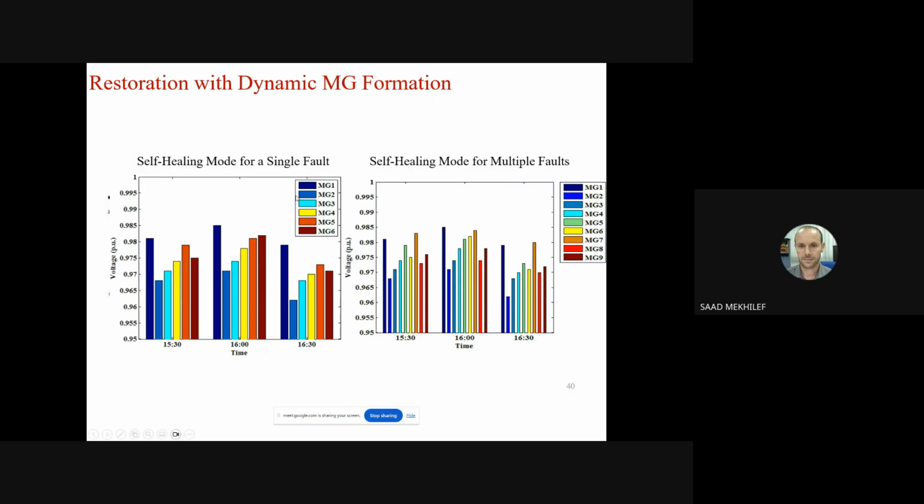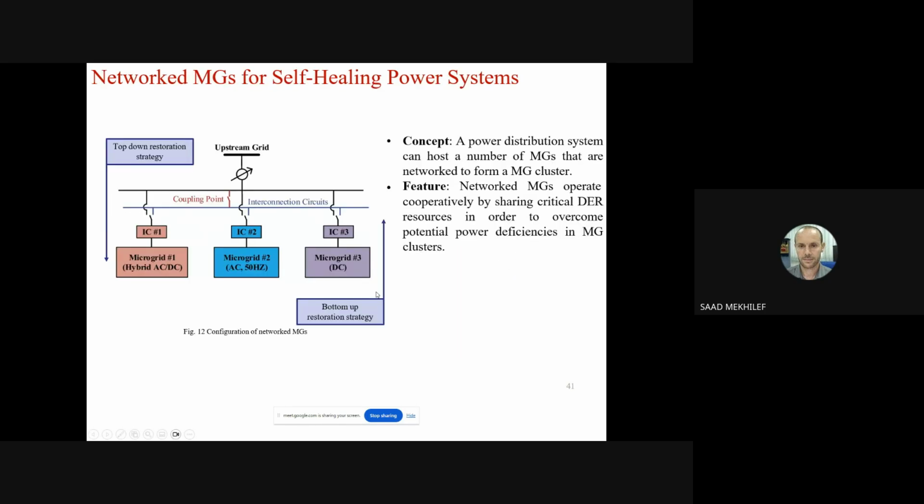We have, for example, MG1 to MG6, six microgrids, for a single fault. And after some time, with self-healing capabilities, there are a total of 9 microgrids. So the fault can happen in multiple grid concepts.